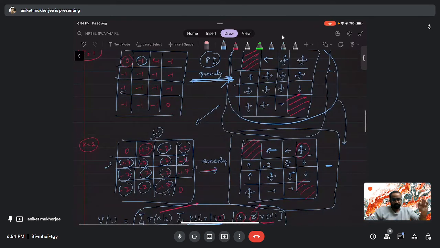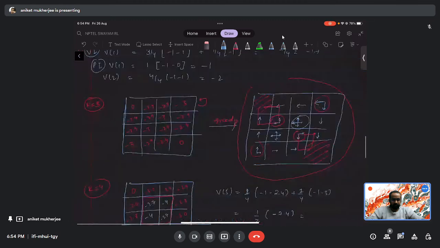Then you apply the operator on values, you get a new policy greedily. That will always be better than the previous one. So you're either approaching a good policy or you're at the same policy as the previous one.